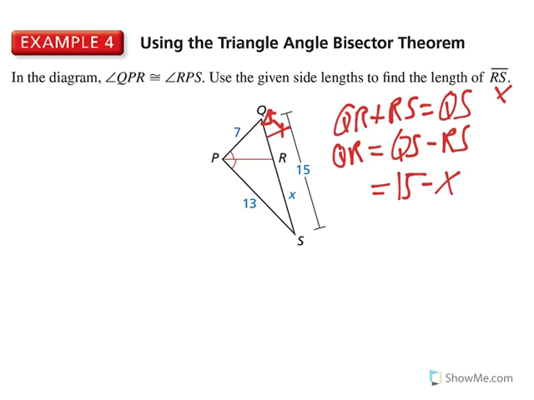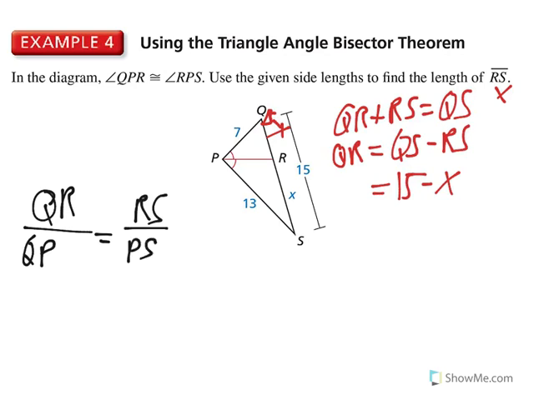Now if I set my proportions up, just like I did in the last one, I'm going to do QR, the section that's created by the bisecting ray, over the side on that same side, QP, would equal RS over that side of PS.